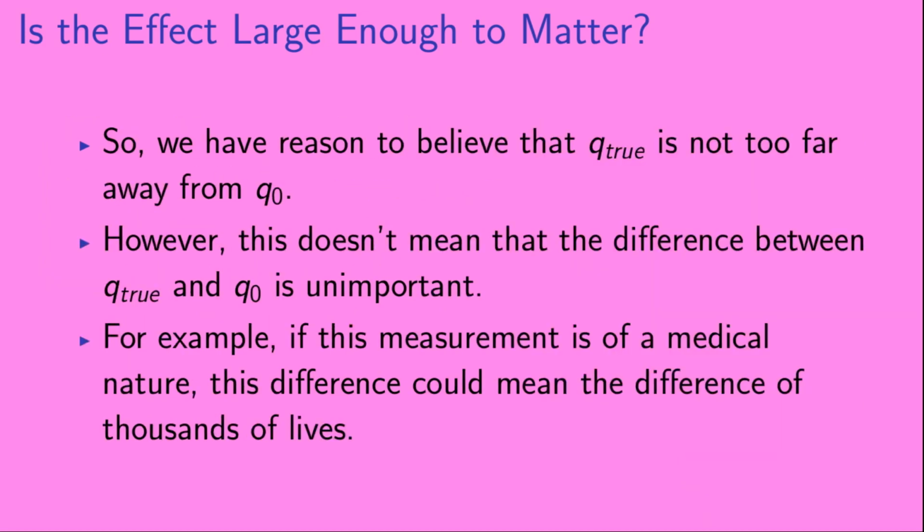So we have reason to believe that Q true is not too far away from Q naught. However, this doesn't mean that the difference between Q true and Q naught is unimportant. For example, if this measurement is of a medical nature, this difference could mean the difference of several thousands of lives.